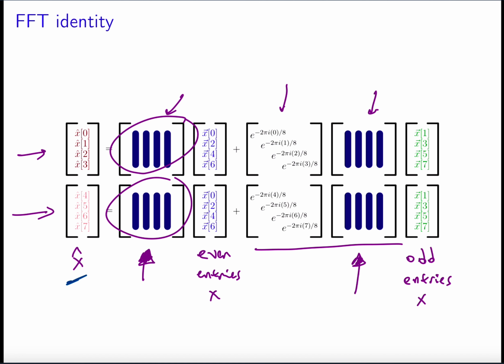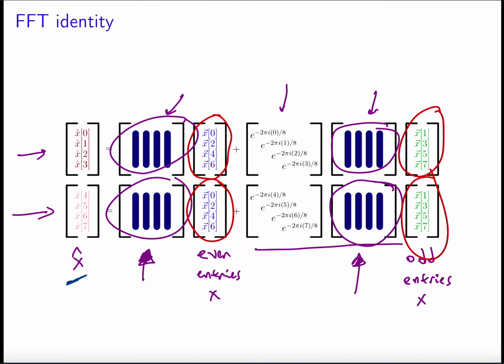So we have managed to express this matrix vector multiplication, where we're multiplying the DFT matrix times this n-dimensional vector, in terms of smaller DFT matrices, in particular DFT matrices that are half the size. They're n-half times n-half. Basically we have these 4 DFT matrices, but notice that we're applying them to n-half vectors.